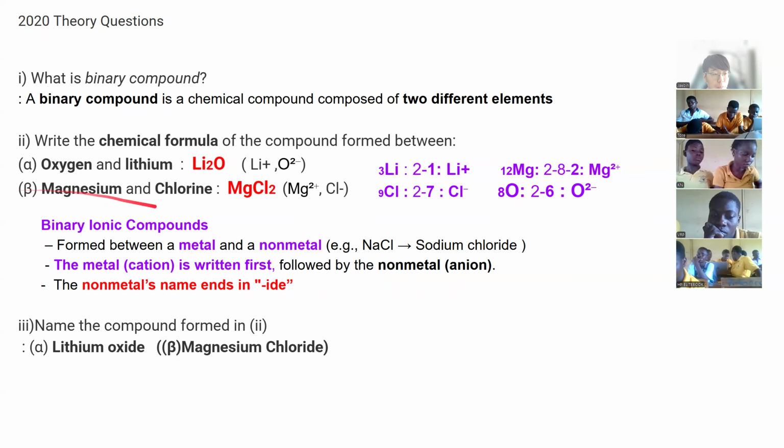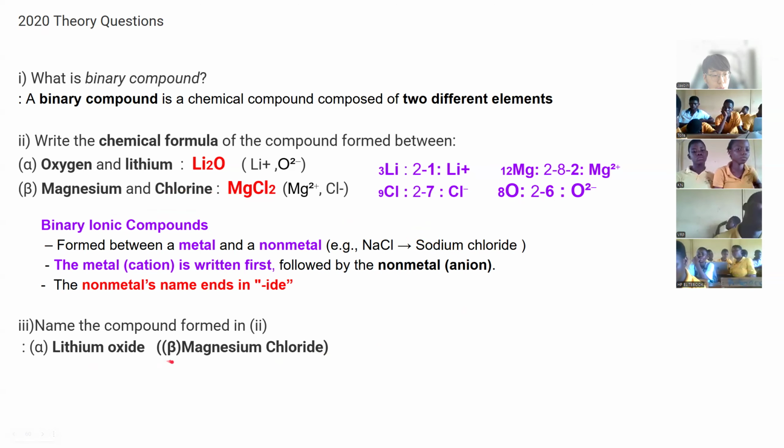If we look at magnesium and chlorine combining together, we actually have magnesium ion and chloride ion. Since it becomes an ion, it needs an -ide. And if you combine them, it becomes magnesium chloride.